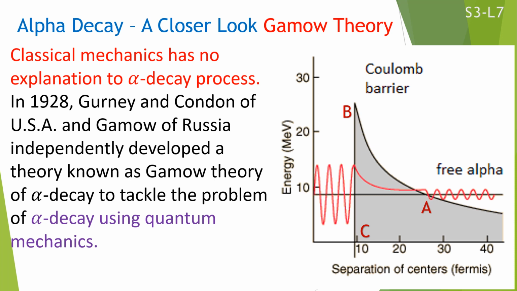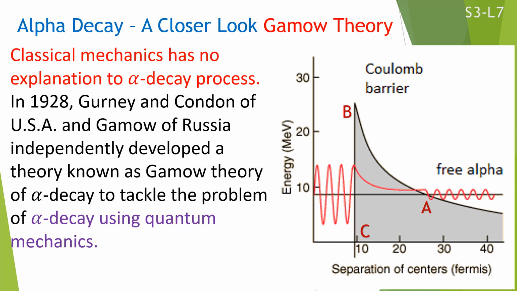But quantum mechanics predicts that there is a definite but small probability that such a particle from the interior can be found outside the nucleus. In other words, there is a definite probability that an alpha particle can escape from the nucleus even if its energy is less than that of the top of the potential barrier.